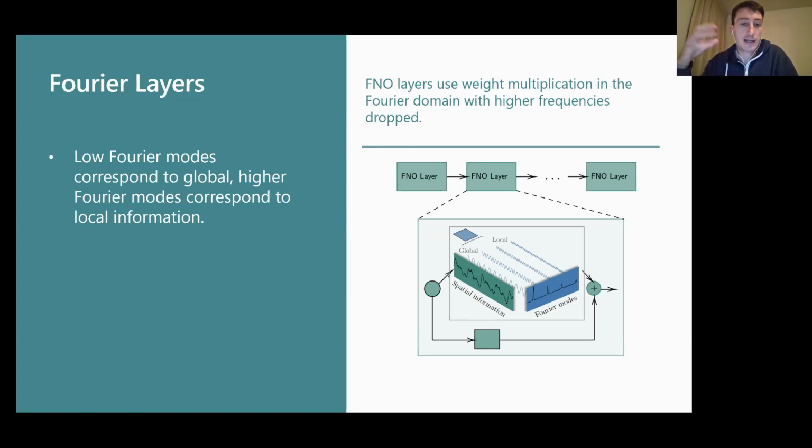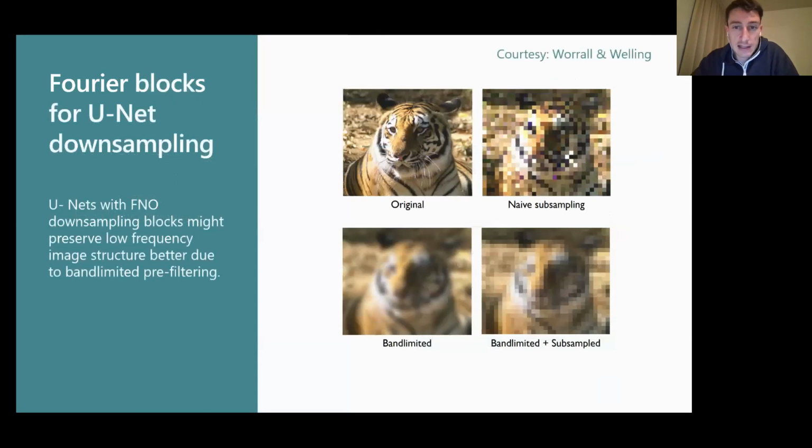If you multiply these different ranges of modes, you basically mix global and local information together, and then you transform back. So this different treatment of global and local information in UNets and Fourier neural operators is quite striking, I would say.